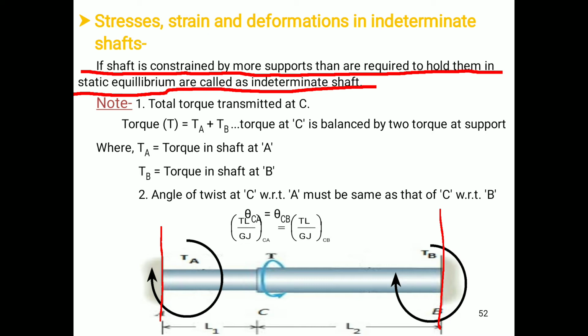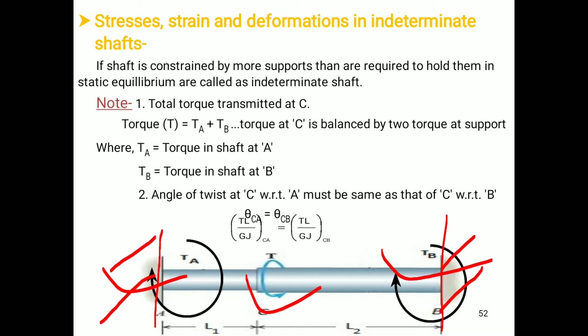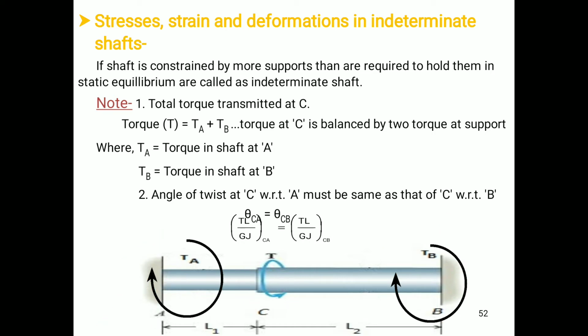This shaft is ACB, fixed at A and fixed at B, and point C is the junction where two shafts are meeting each other.